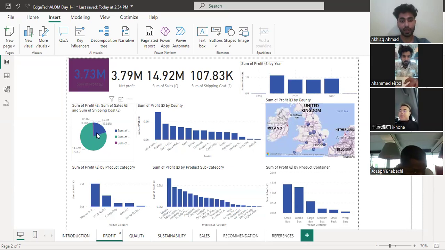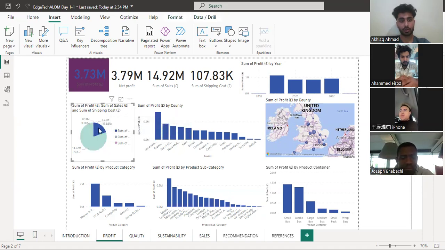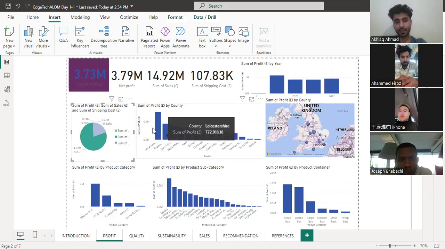Second, now this is the pie chart. This is about sum of profit, sum of sales, and sum of shipping cost. This is our sum of profit, and this is the sum of sales, and 0.11 percent is the sum of shipping cost. If you can see the sum of profit by country, the first one is Leicester, which has the highest sum of profit, and the other cities have less as compared to Leicester.